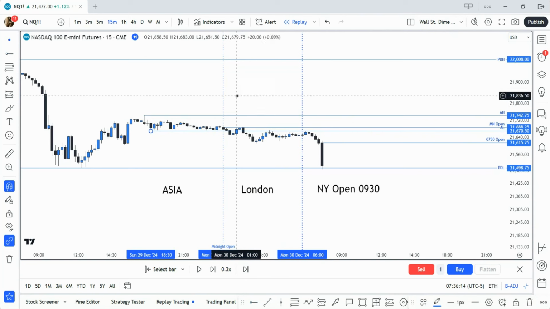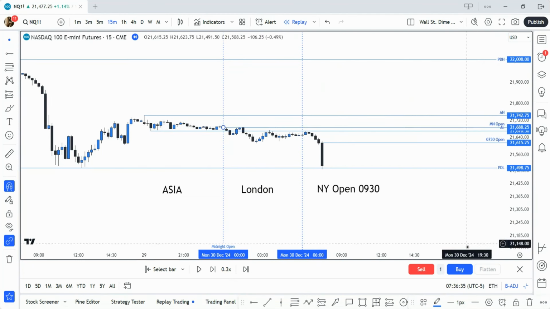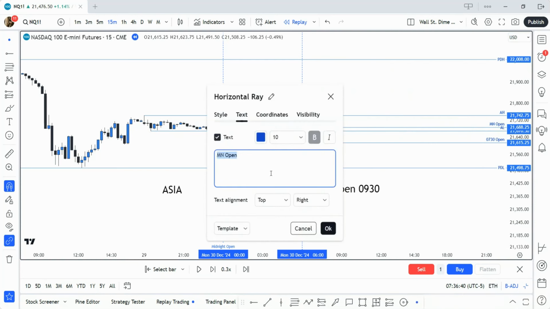Now let's mark out London. So I'm just going to take a peek. London high is around here and it's around where the midnight open is. So instead of taking a separate line and marking this, because it'll have text overlay and look crowded over here on the right, I'm just going to tap on the midnight open line and go down here to settings and add plus London high.